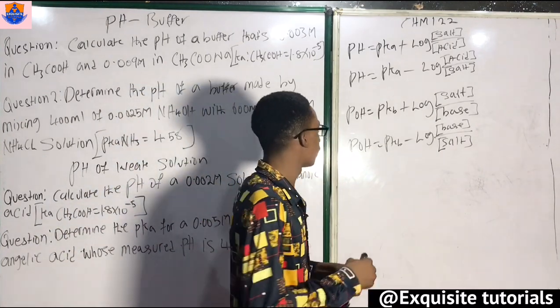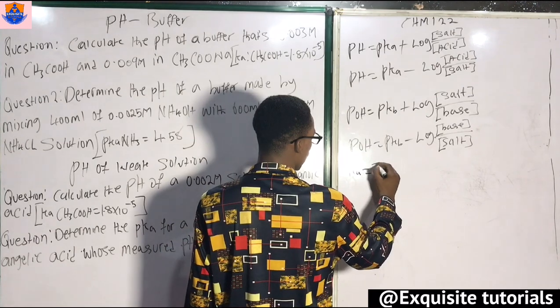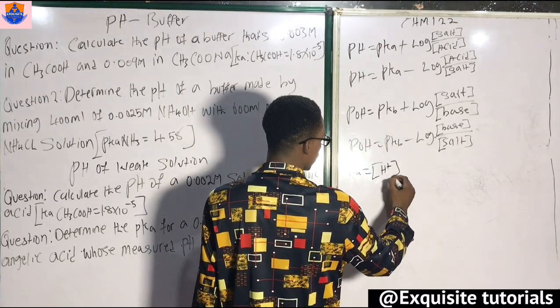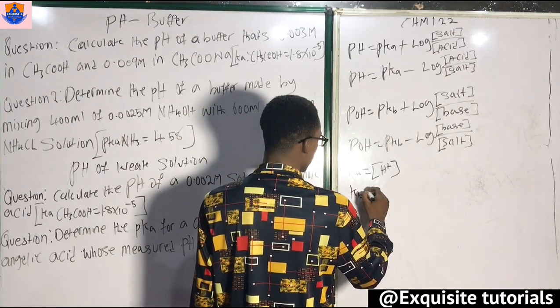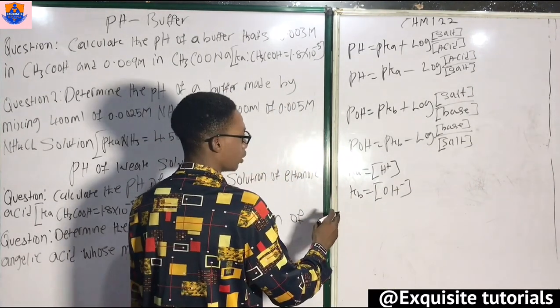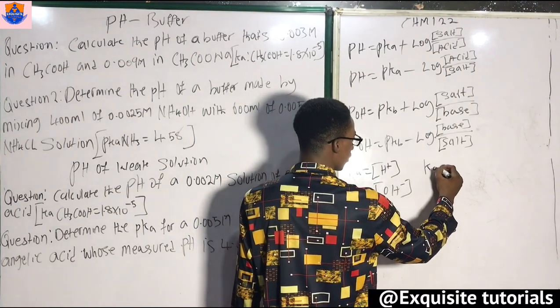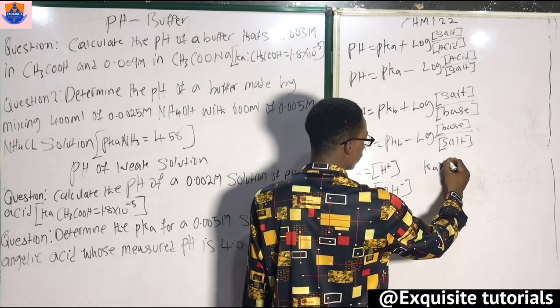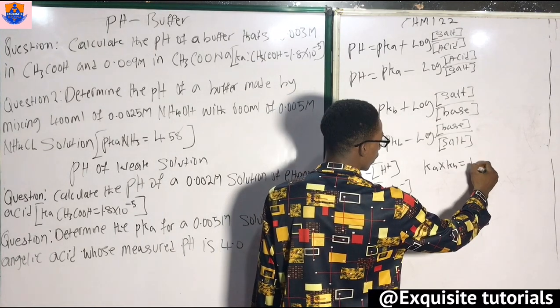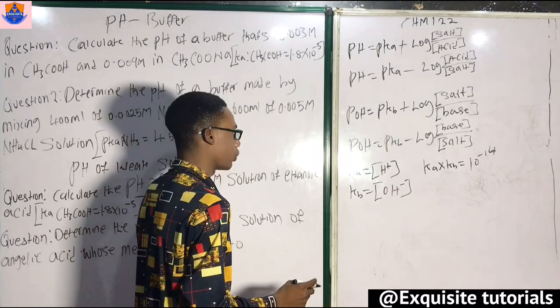So now Ka and Kb: Ka times Kb will give you 10 to the power minus 14 at a certain condition.